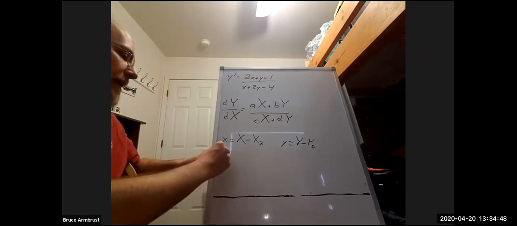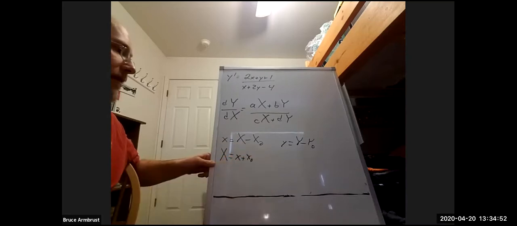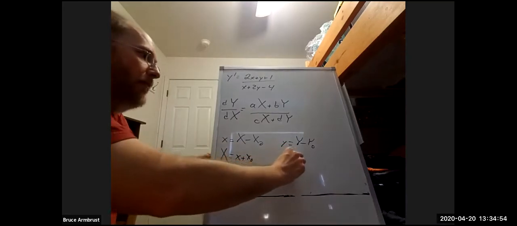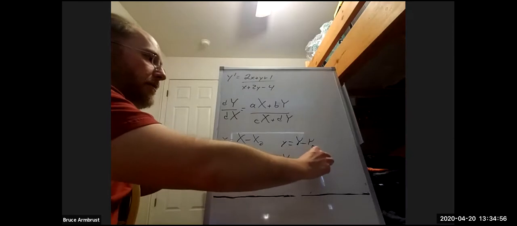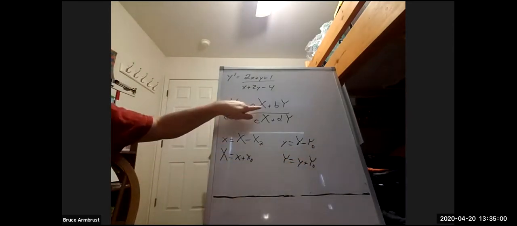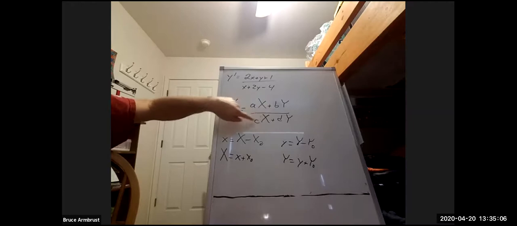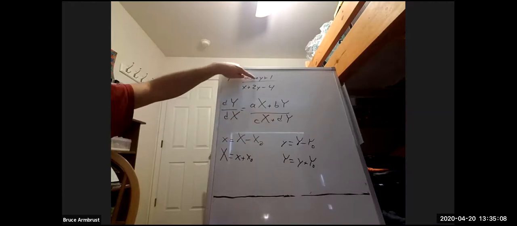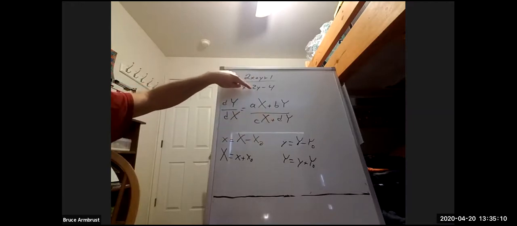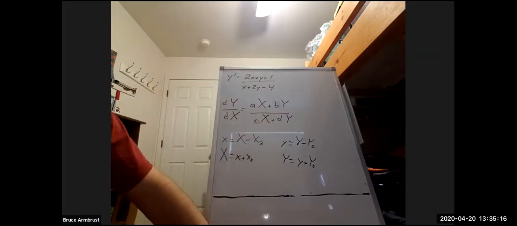So big X is equal to x plus x naught, and big Y is equal to y plus y naught. Let's put those things in and figure out what all the different things need to be. Of course, A, B, C, and D are still the same A, B, C, and D. Those didn't change. But the x naught and y naught are going to come from the 1 and the -4.